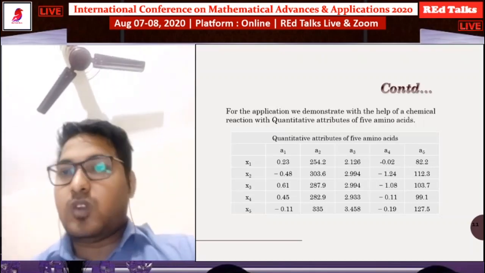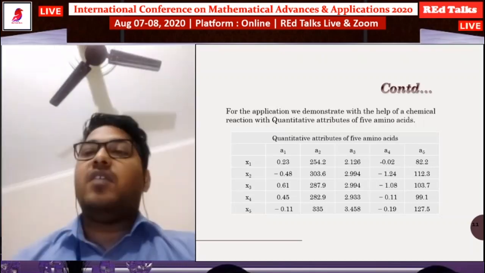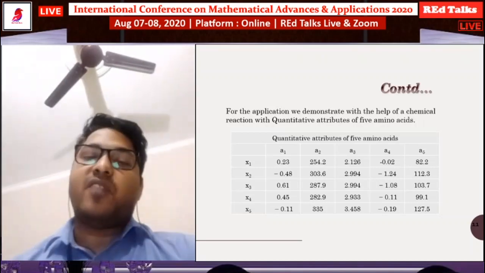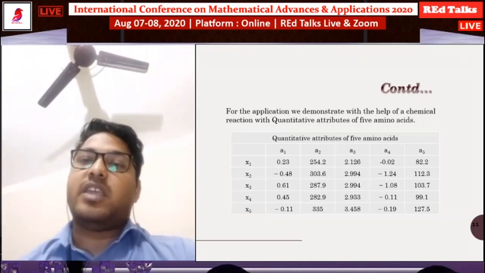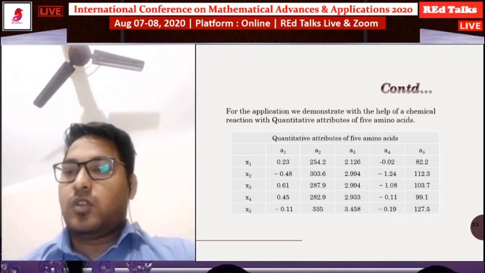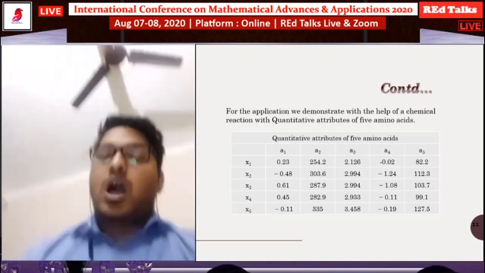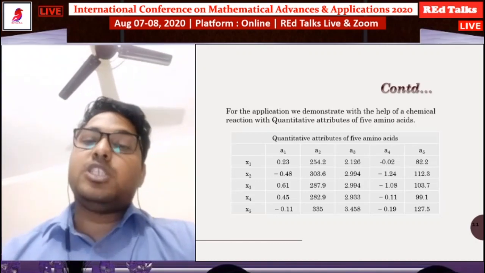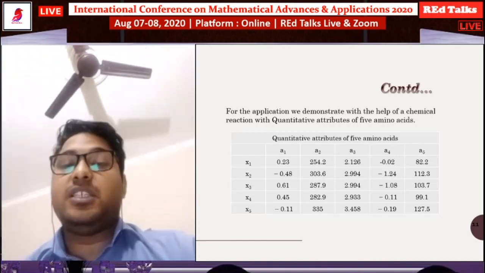So A1, A2, A3, A4, and A5 are five amino acids, and X1, X2, X3, X4, X5 are five attributes. Okay. So again, a topologized approximation space with a near reflexive relation.